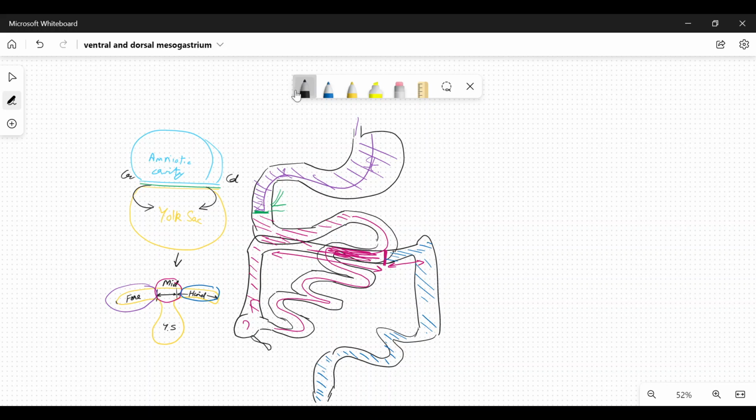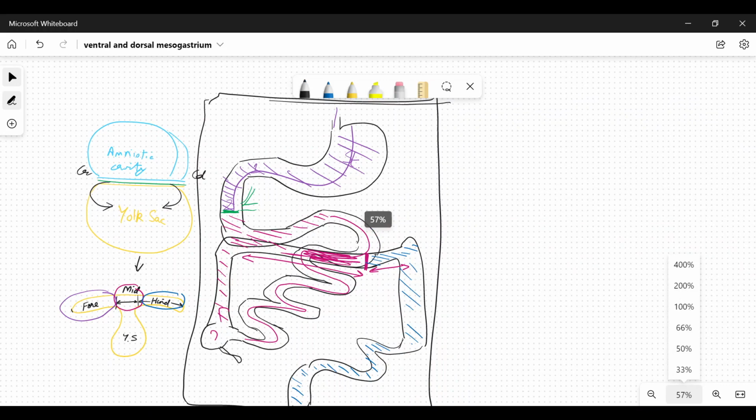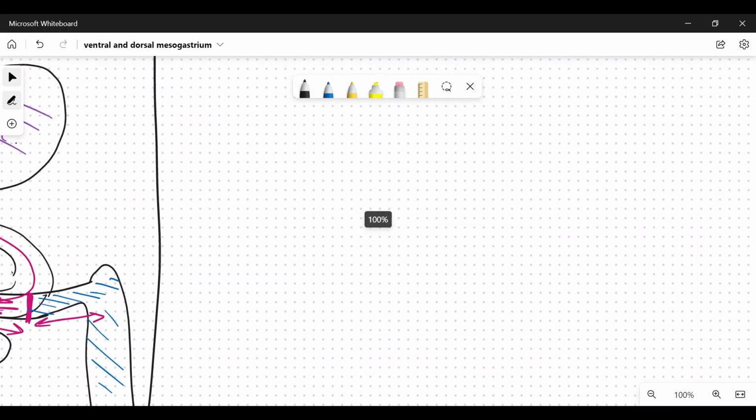Okay. Now, all this arrangement of the gastrointestinal tract within the abdominopelvic cavity develops after something called rotation of the gut that happens during fetal life. Before that, just when the head and tail folds have happened, the gut tube is a straight tube. Now, let me draw a sagittal section through the body, zooming into 100% level.